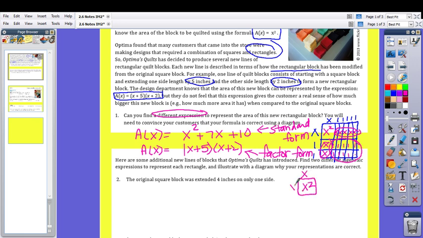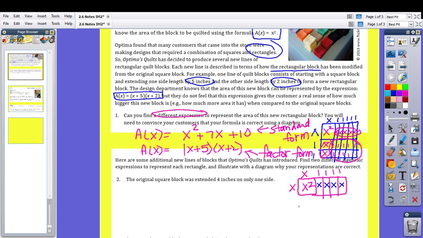So this is x and this is x. And then she's extending 4 inches only on one side. So 1, 2, 3, 4. So this will be x, x, x, and x, because 1 times x is x.